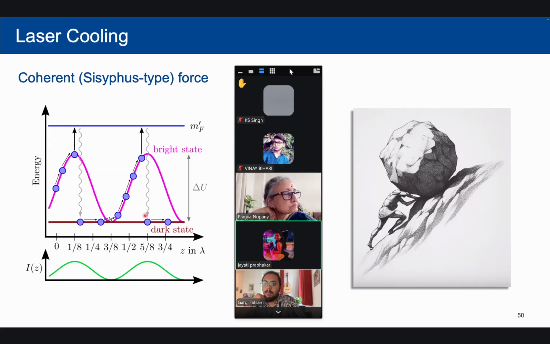So basically, to cool something down, we are removing the energy of that object, or if we talk about an atom, right?